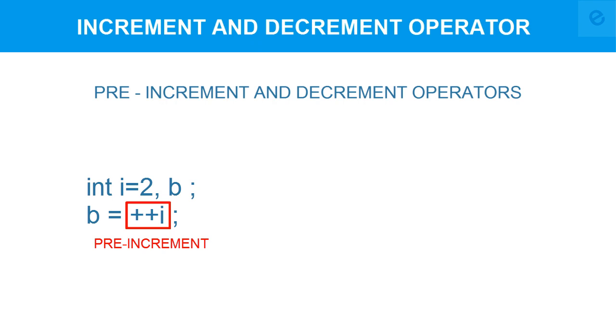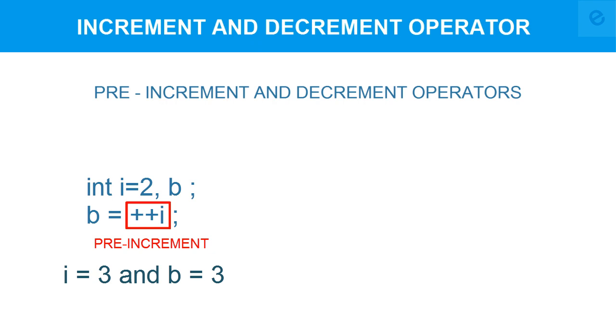What it does is simply this: first 1 is added to I, that is I plus 1. Now the value of I is 3, and after that the value of I is assigned to b. As a result, the value of b is also 3, and the value of I is 3.